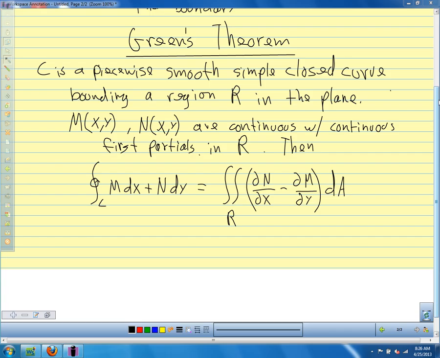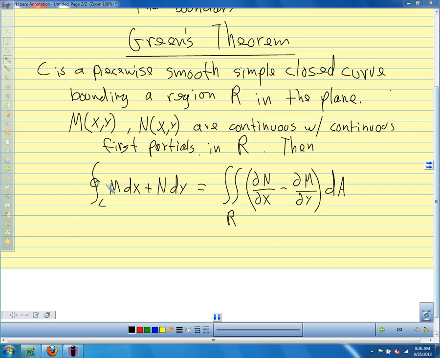So Green's theorem is telling us that the line integral around this simple closed curve is equal to the double integral over the region of this quantity. When we start using this, it's going to be an extremely powerful tool. It can simplify evaluating line integrals, and it can also simplify evaluating double integrals if we can manipulate them the right way.